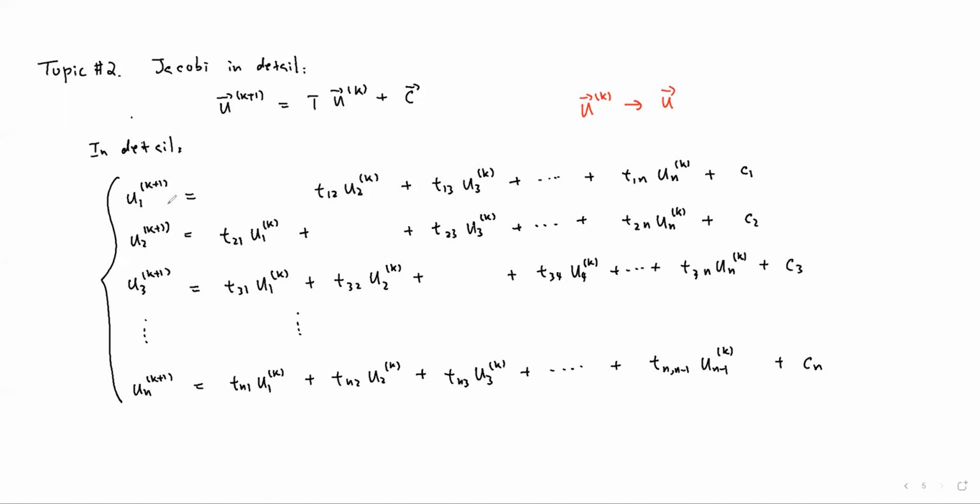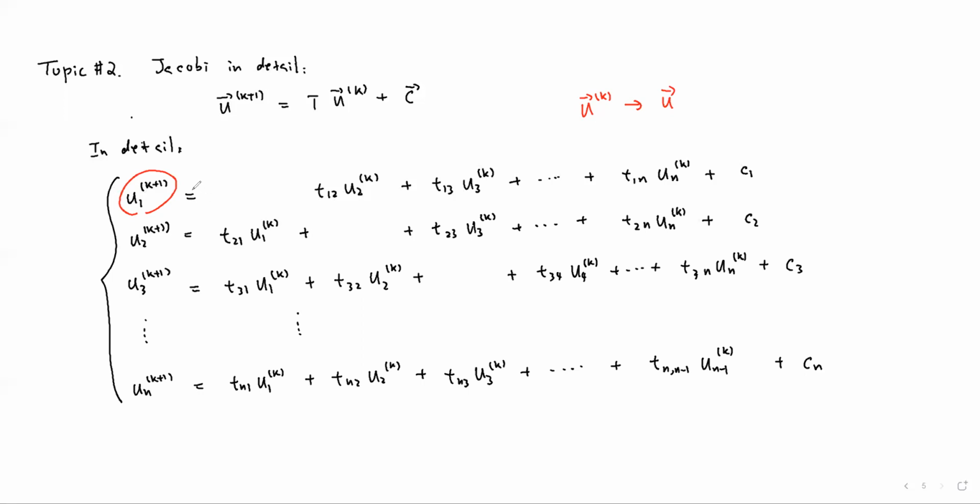Now, first, from the first equation, we compute U1, the first component of the next iterate. I call UK the current iterate. Now compute the next iterate.